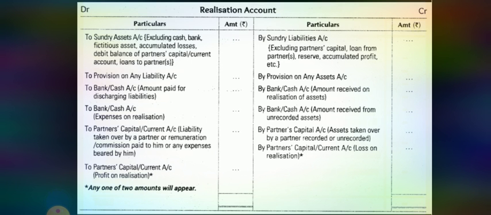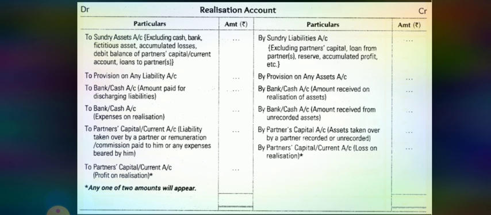If the balance remains at the debit side, that would be profit on realization. If the balance remains at the credit side, that would be called loss on realization. And the balance of the realization account, whether profit or loss, would be transferred to the partner's capital account or partner's current account. So that's all for preparing the realization account.